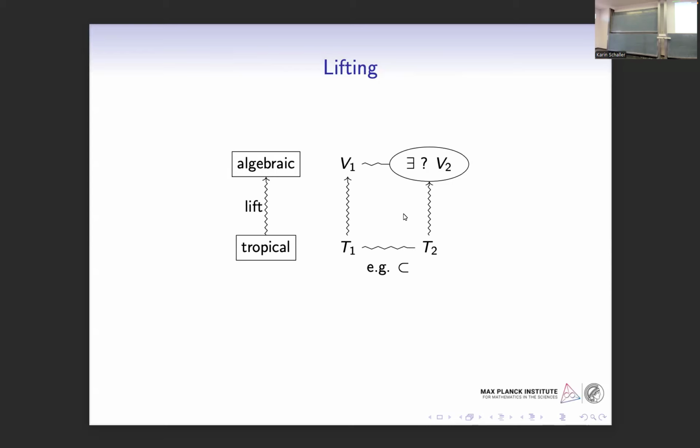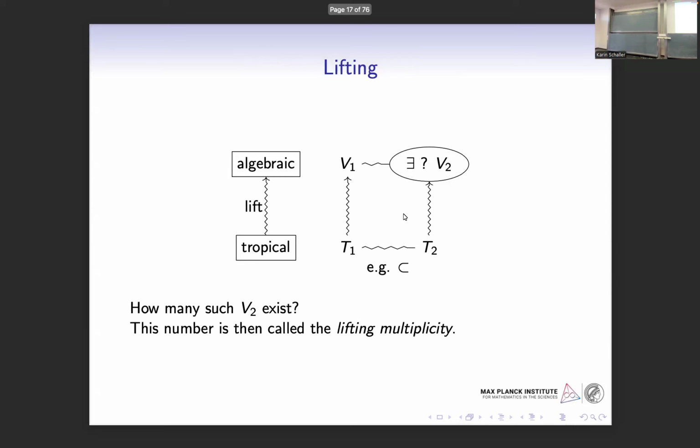And what we're going to look at is a tropical quartic curve and a fixed lift, the quartic curve, and we will look at bitangents. So this is the story. If there exists such a V2, we can count how many there are, and this is called the lifting multiplicity. This is also a term that you hopefully remember from Monday.